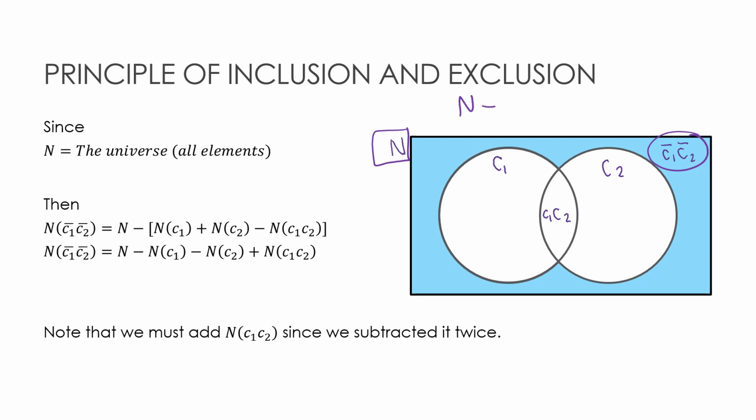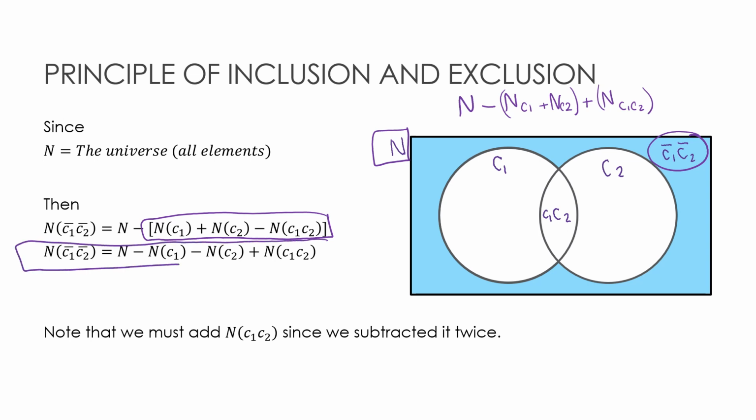we're looking at subtracting the number in C1 plus the number in C2 and adding the number in C1, C2. So subtract, add, etc. So again, I can write it in this way, or by distributing that negative, this is what you're going to get.